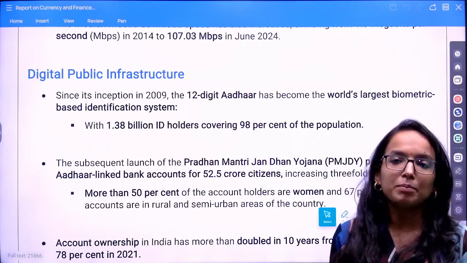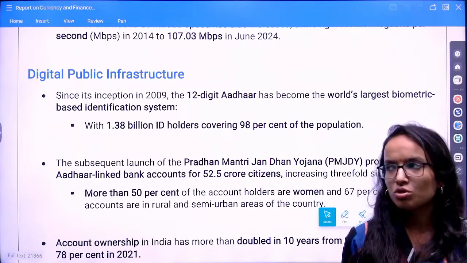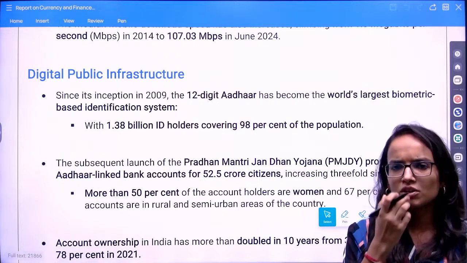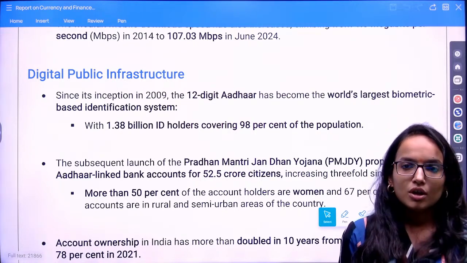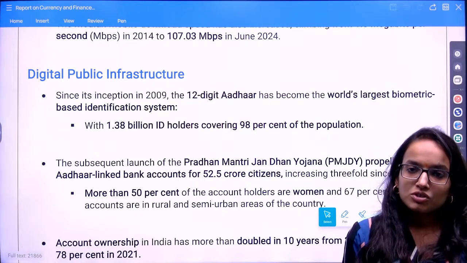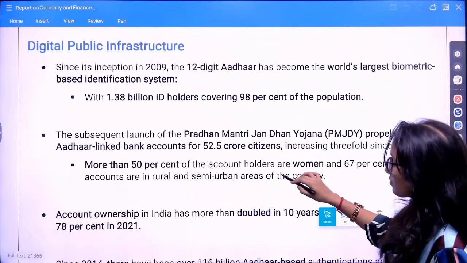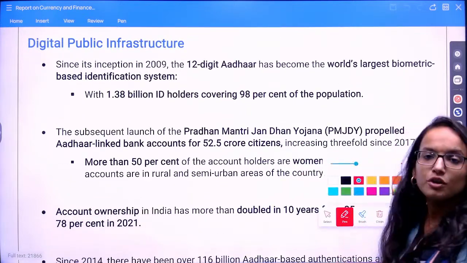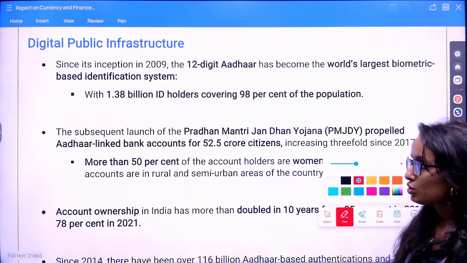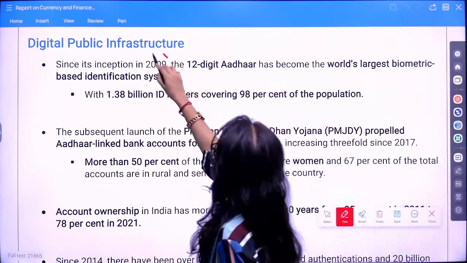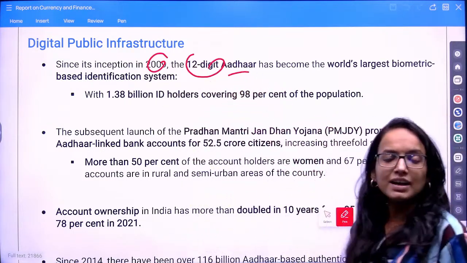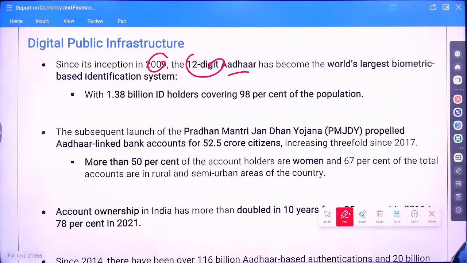In digital public infrastructure, I hope you have understood, we have discussed this term in, I think, the RBI Annual Report or FSR also. India has been performing very well here, right? Let's see what the report says. Since its inception in 2009, the 12-digit Aadhaar has been the greatest contributor to this.